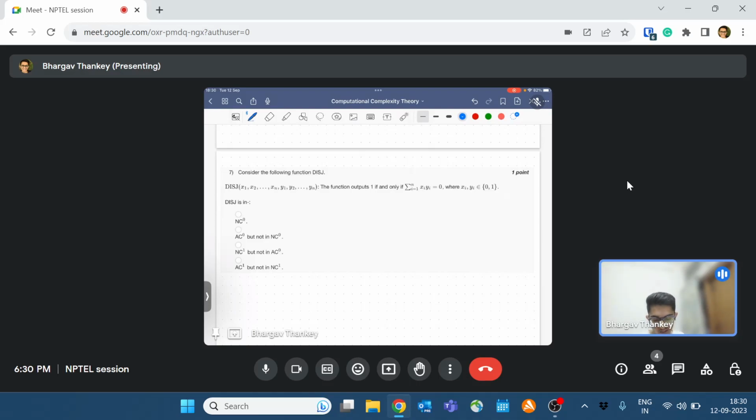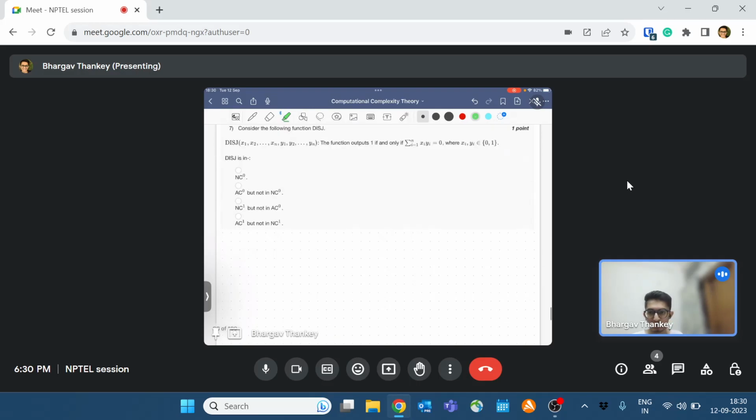Then the question is whether disjoint is in NC0 but not in AC0, in AC0 but not in NC0, in NC1 but not in AC0, or in AC1 but not in NC1. So which of these is correct? Okay, so it's in AC0 but not in NC0.